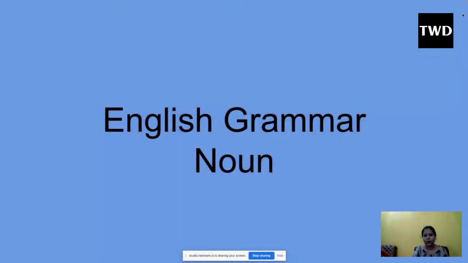Yes. So today we are going to learn about nouns, and you all might be knowing about nouns, but the confusion you'd be having in your mind is why we are learning noun. If you look into the structure of a sentence, first of all, our structure consists of subject, then comes the verb, and then comes the object.